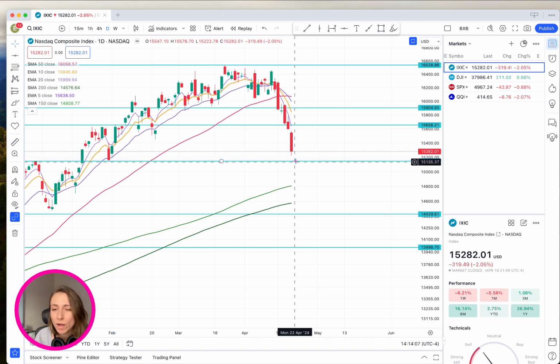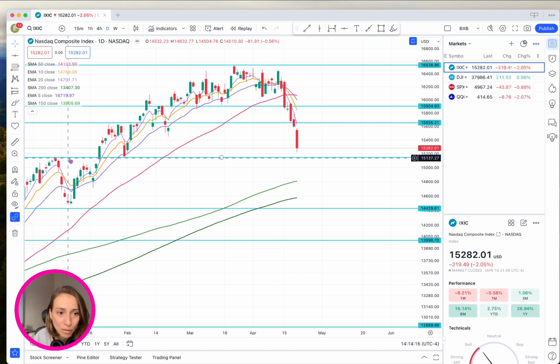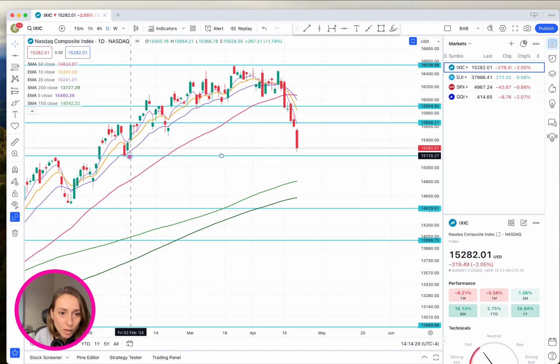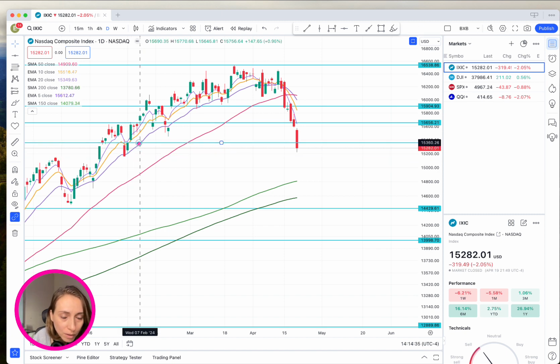Whether or not it goes exactly to here really depends, because some of it is just how I've drawn the lines. Someone may want to put it here where the price was supported, or you may want to draw it up a little bit higher.